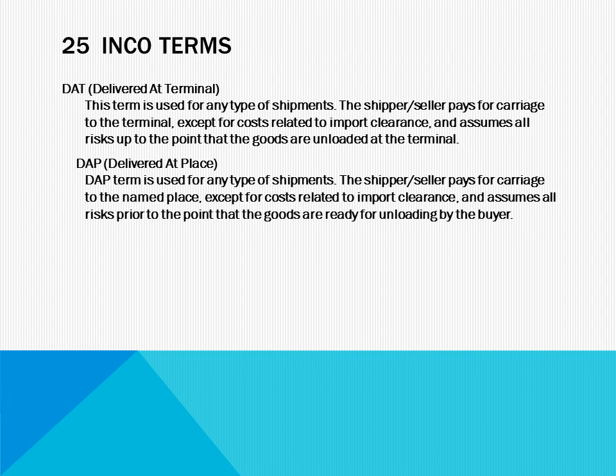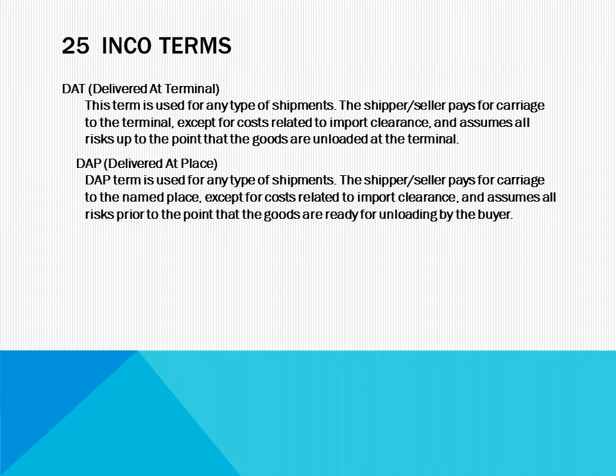DAT, Delivered at Terminal. This term is used for any type of shipments. The shipper or seller pays the carriage to the terminal, except for the cost related to import clearance, and assumes all the risk up to the point that the goods are unloaded at the terminal.